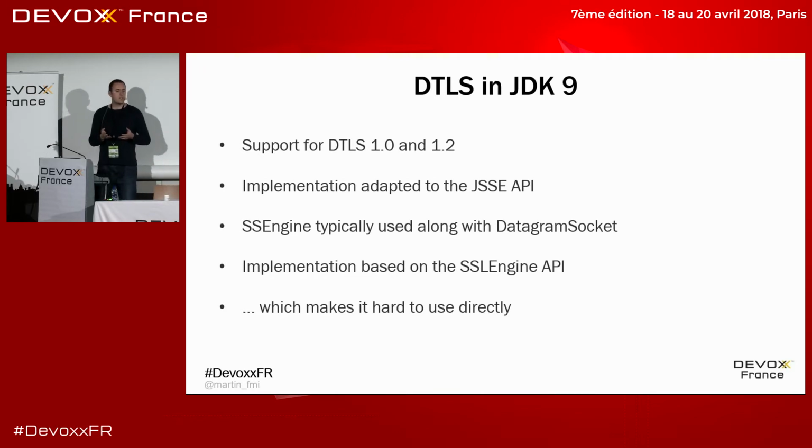This makes usage of DTLS out of the box quite complex, because as we already mentioned, the SSLEngine API is not so well known to the Java community, is not so widely used and adopted. And in my opinion, if you want to use DTLS in JDK 9, you would still better go with a third-party implementation like the one provided by the Bouncy Castle library.